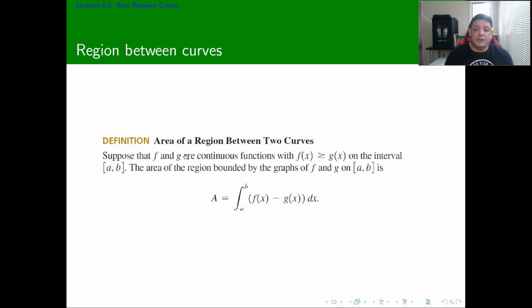So the definition for the area between two curves is: suppose you have two functions, f and g, continuous, with f bigger than g on the interval a, b. The area of the region bounded by the graphs of f and g on the interval a, b is going to be the integral from a to b of f minus g.